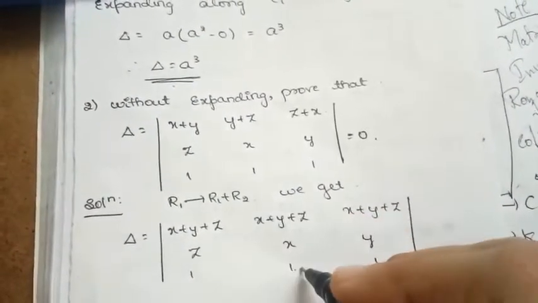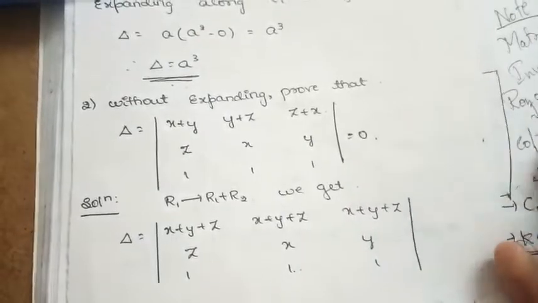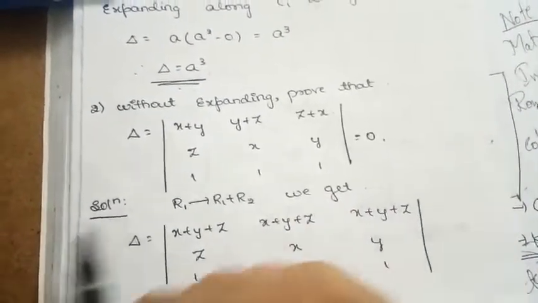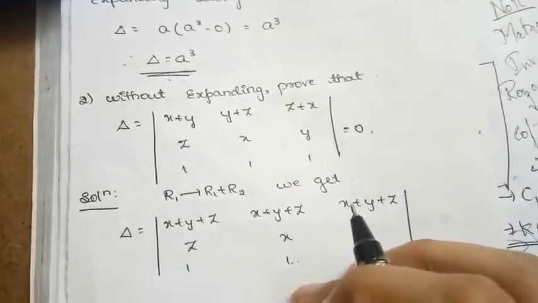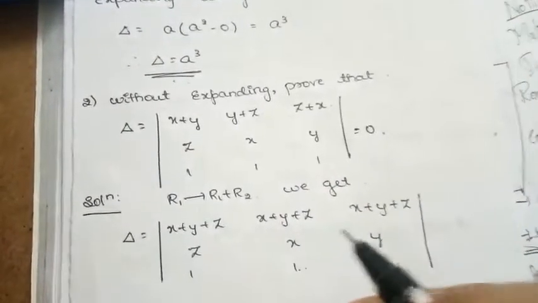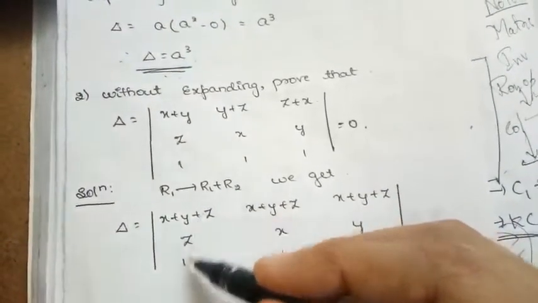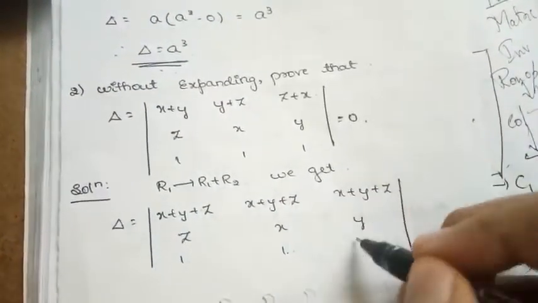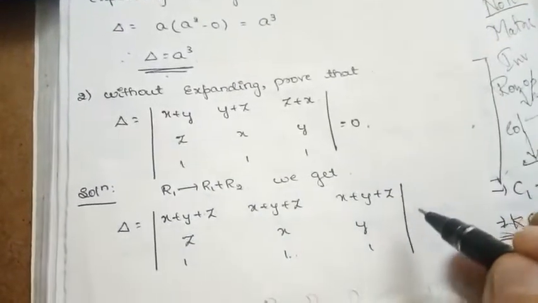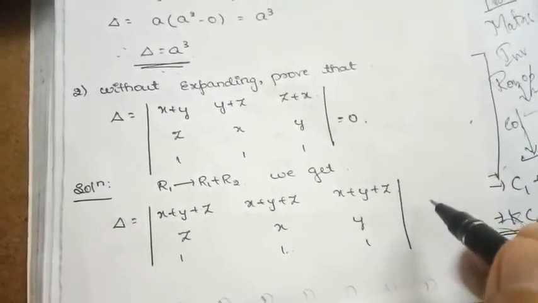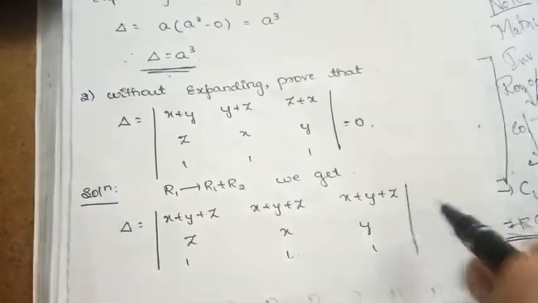So when there are identical rows, the value of determinant is equal to 0. Or if you don't need to take that common outside and you want to say that these are identical, even if it takes one step longer, by looking here itself you can say that R1 and R3 are proportional. These two rows are proportional. So when two rows are proportional, then the determinant is equal to 0. This is also what I have mentioned earlier. So value of determinant is equal to 0.